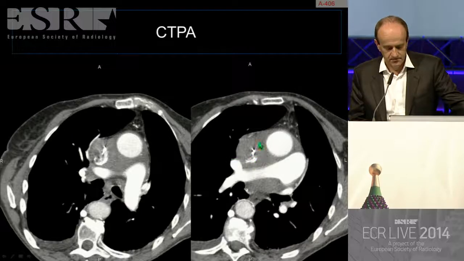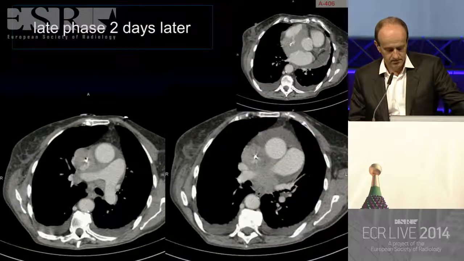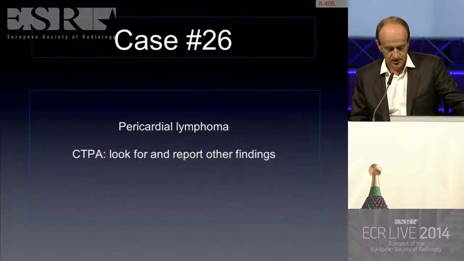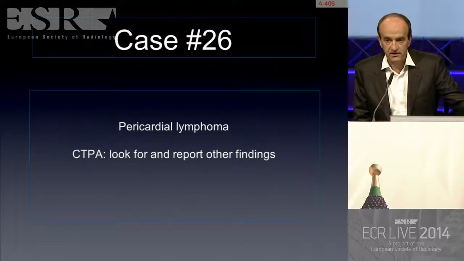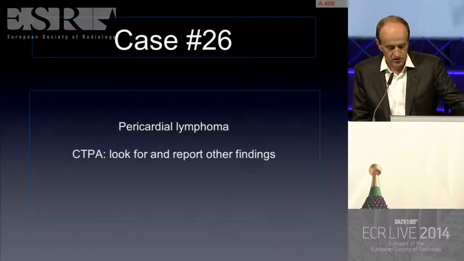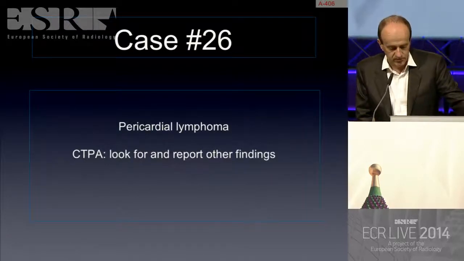And what's that? There are signs of right heart failure. And the day after, we performed a second examination with a delayed phase, and we can see an enhancement of this mass within the pericardium and the heart. This proved to be a pericardial lymphoma, not detected on the CTPA examination. So look for other abnormal findings when you have to rule out PE. This is a well-known context.